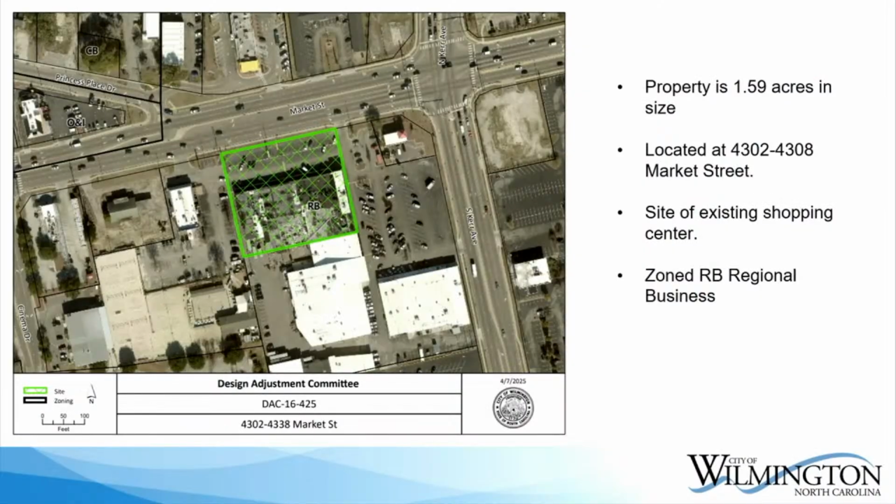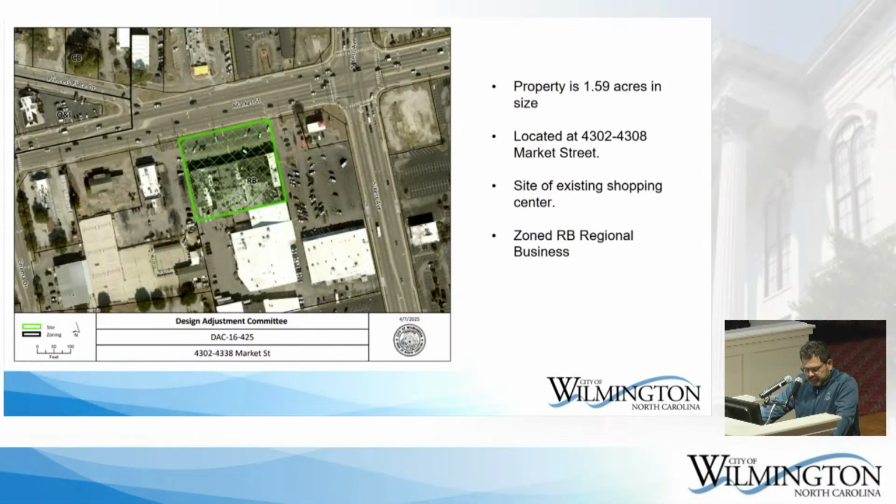The site includes 1.59 acres and is located within the RB Regional Business Zoning District. The site currently contains a multi-tenant shopping center and associated parking lot. The applicant is currently in review with the TRC for the redevelopment of the lot for a 5-story building, 4 floors of which would be residential, and the ground floor would be retained as commercial property.